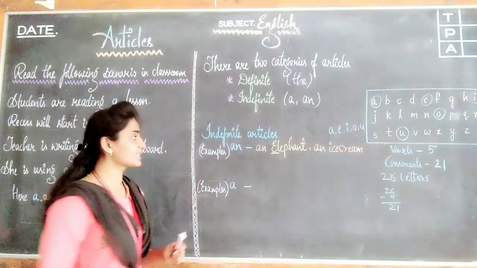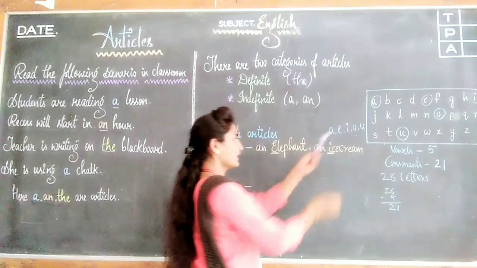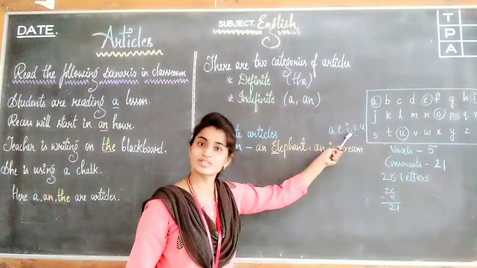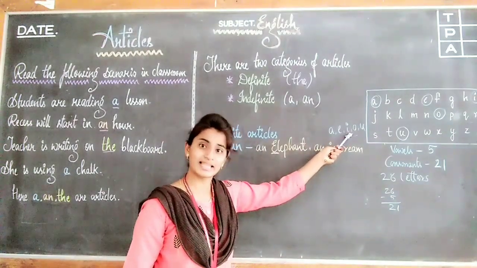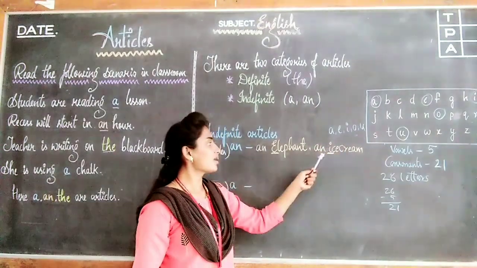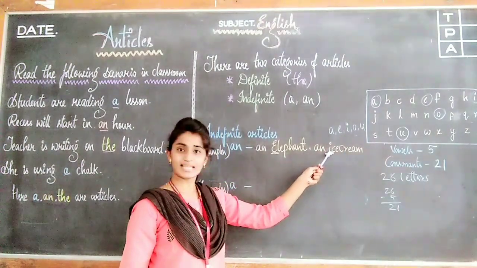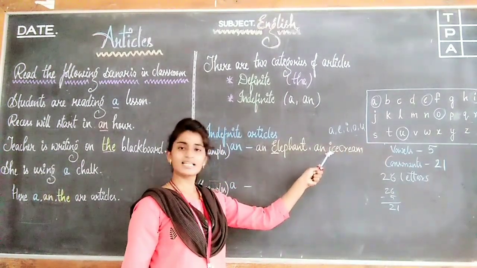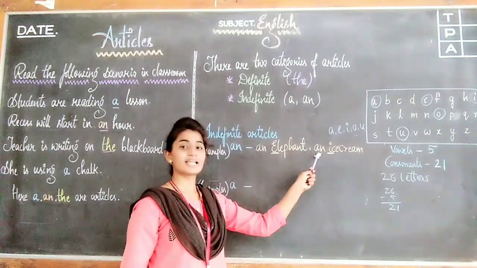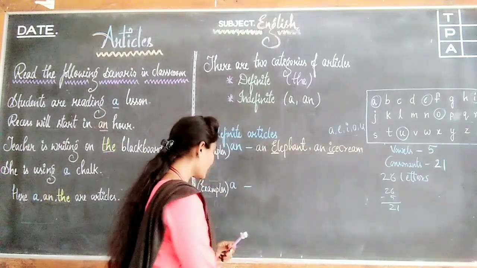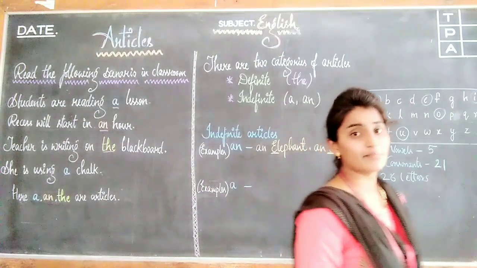An ice cream. I is a vowel, so we are using the article an, that is the indefinite article, before the vowel sound. That is I. Here you can see that I is a vowel, so we are using the article an. You can see many more examples.